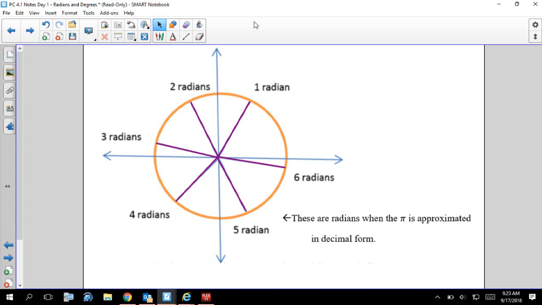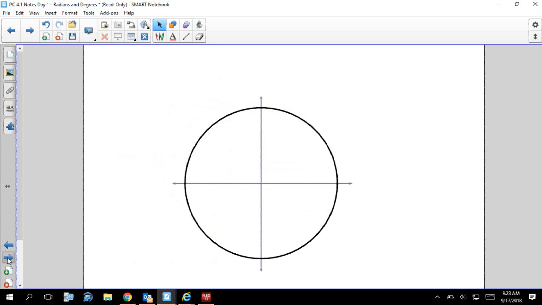You heard it a lot last year with pi. You're going to see some of them without pi. So if I say, where's 4.5 radians, you're going to have to say, well, that's right in between 4 and 5. It's somewhere about there-ish. Okay, so this is there for you just as a visual representation of the decimal form.